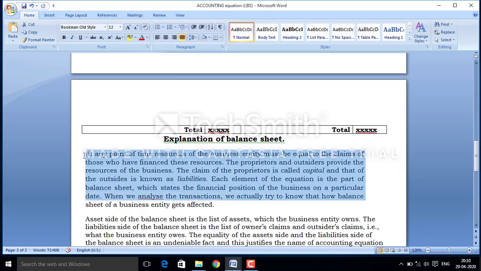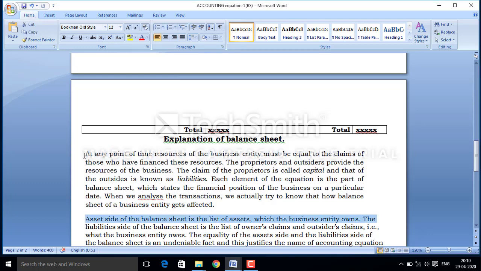When we analyze, we actually try to know how the balance sheet of a business entity gets affected. The asset side of the balance sheet is the list of the assets which the business entity owns. The liability side of the balance sheet is the list of the owner's claim and outsiders' claim, that is what the business entity owes.